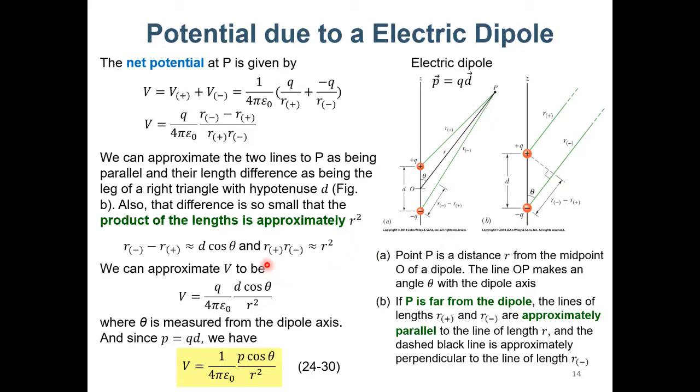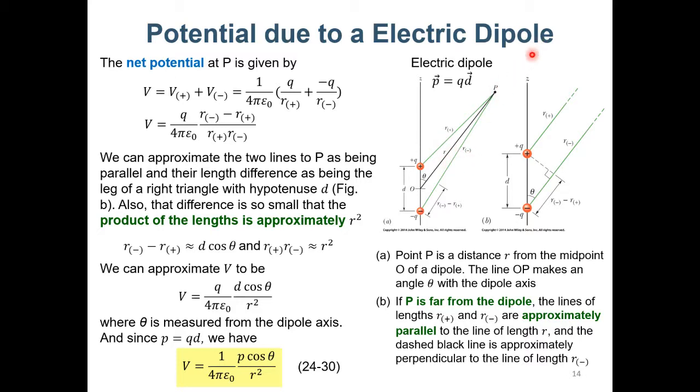For R plus times R minus, we can approximate it to be small r squared, which is counting from the middle point O to P. This is r. The green one is R plus. This one is R minus.